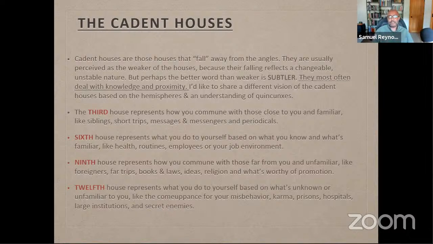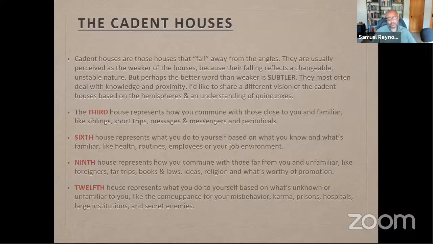Now, it could be, well, I'm actually going to the local university and that is just around the corner. So why is that ninth house? Because the environment that you'll be in, dealing with different people who may come from different places, as well as concepts that may be unfamiliar to you, makes it along the spectrum of the quote unquote ninth house.